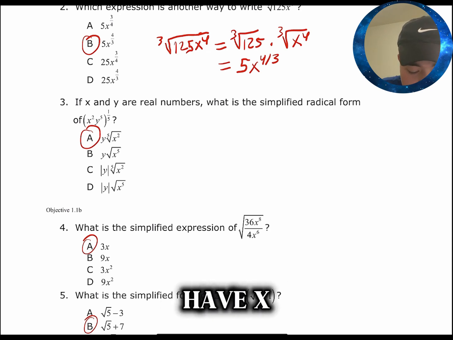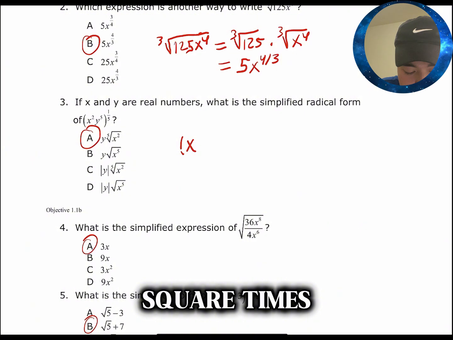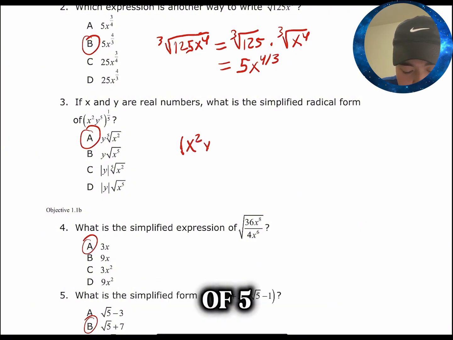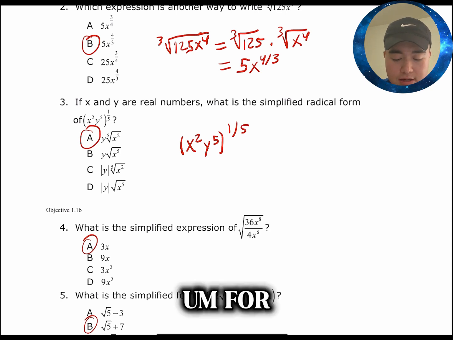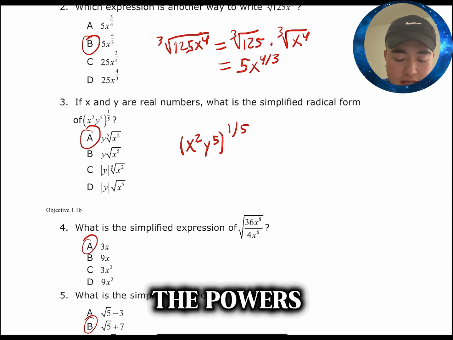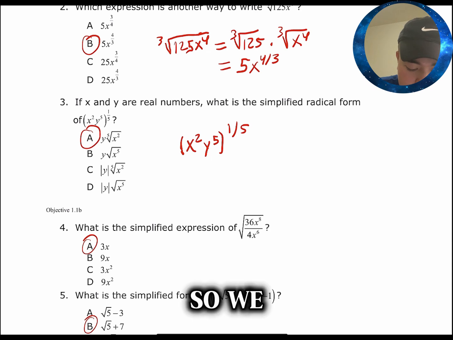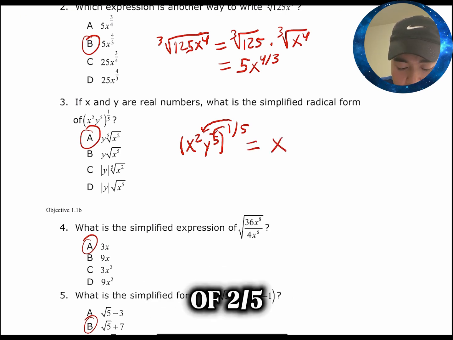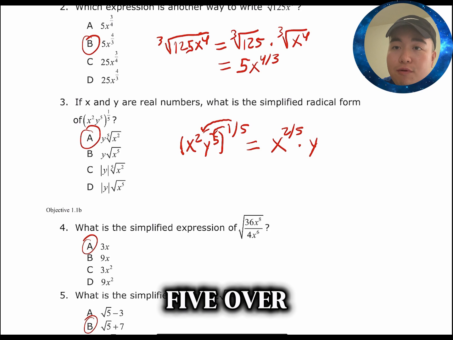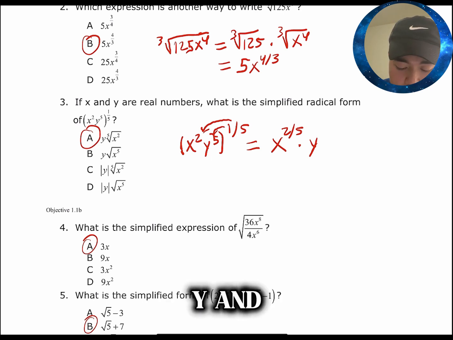We can just multiply the powers. So we multiply the 1/5 times 2, and then the 1/5 times the 5. And so that's just x to the power of 2/5 times y to the power of 5/5, that's just 1, so it's just y.